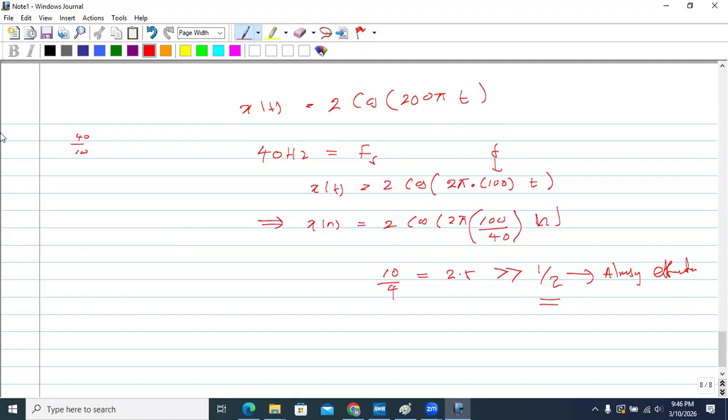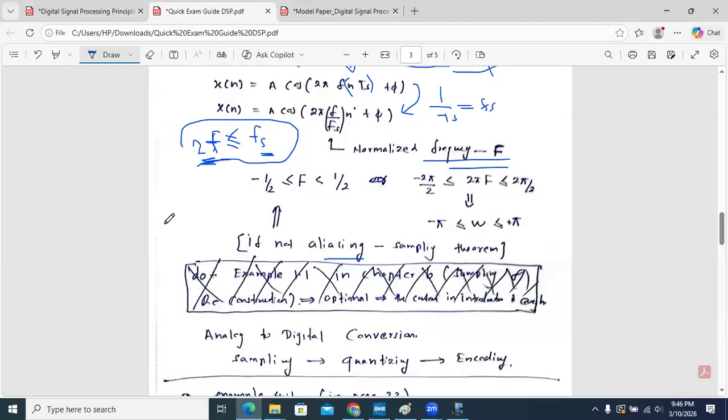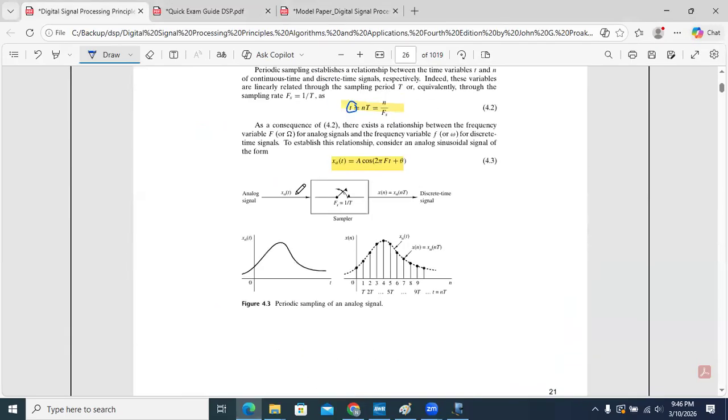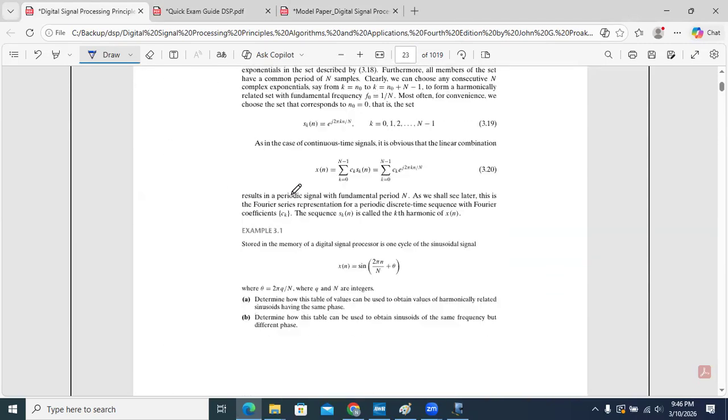I think I haven't included it in the exam guide. So you need to write this one, and you will be having some marks here also.